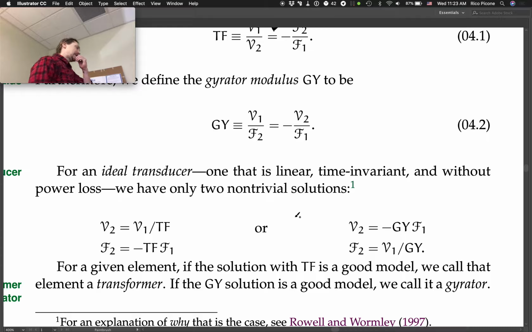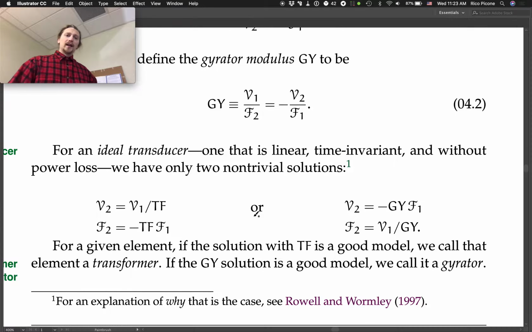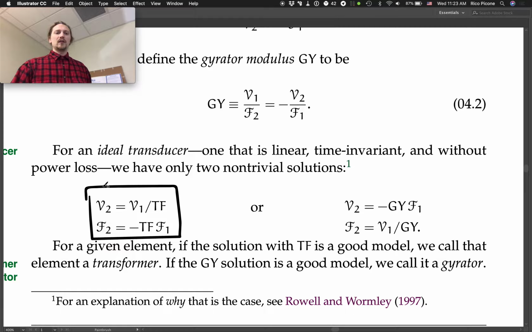It's a little bit subtle to go through why there are only two, but these are the two possibilities for these equations taken together. This one here relates the across variable on one side to the across variable on the other side, and the through variable on side 2 to the through variable on side 1.